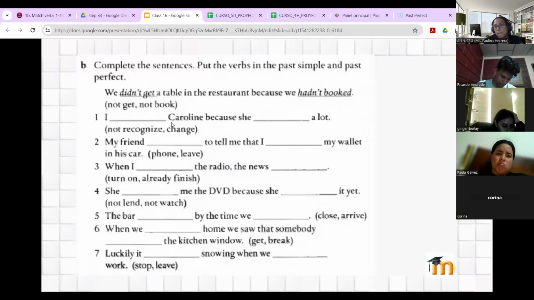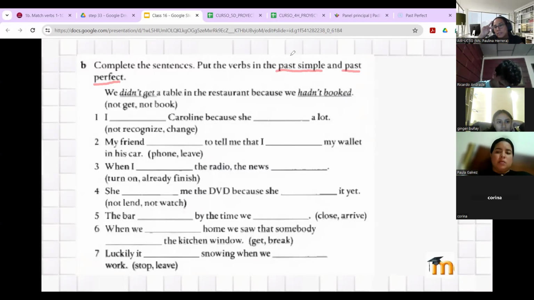Now, again, here we have 2 types of verb tense: the past simple and the past perfect. Which event am I going to put in past simple? The one that happened first or the one that happened next, or second?